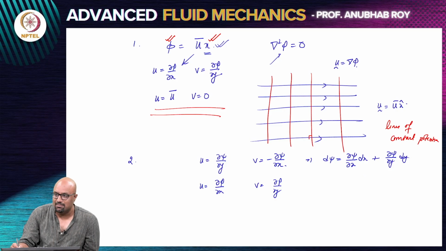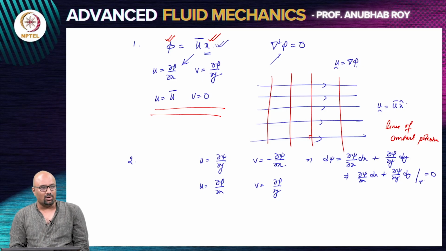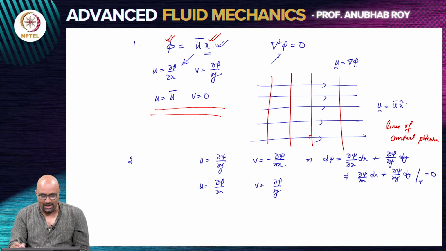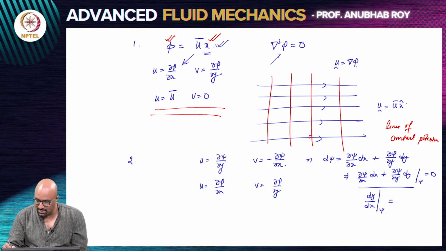So, along a fixed psi, when psi is held fixed, what do I have? I have ∂ψ/∂x dx plus ∂ψ/∂y dy along a fixed value of psi is equal to 0. The LHS is 0. If I fix a value of psi, then dψ is 0 and I get this, which means I will have dy/dx along a fixed value of psi is minus ∂ψ/∂x over ∂ψ/∂y.